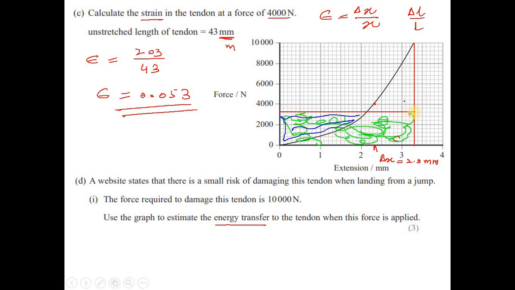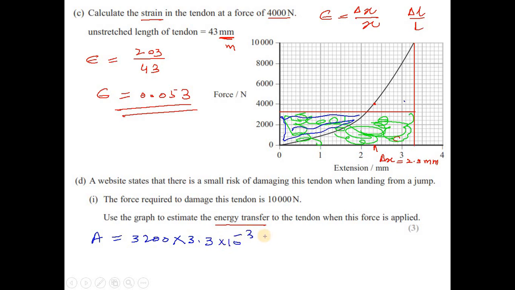Because it's easy to calculate the area of a rectangle, the area A is equal to the height, which I took as 3200 Newton, times the breadth, which is 3.3 millimeter, times 10 to the power minus 3.